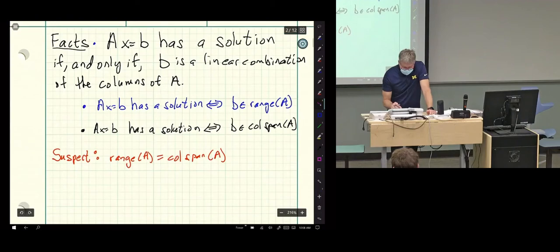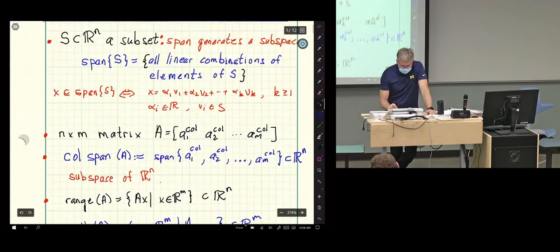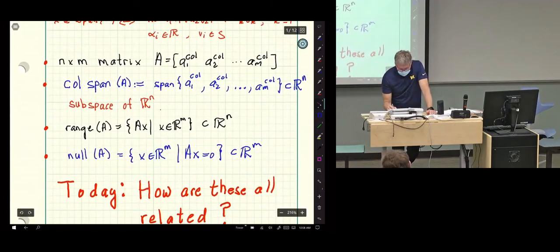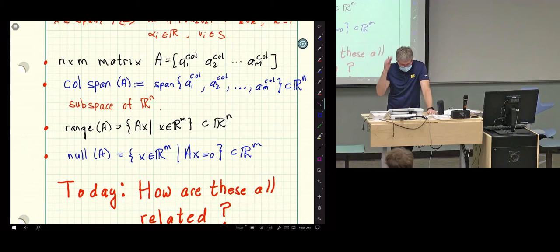And then why did we have that AX equals B has a solution if and only if B is in the range of A? Well, remember the range of A is all things that look like AX for some X in Rn. So if B isn't in here, then there's no X such that AX equals B. So that's why that was true.